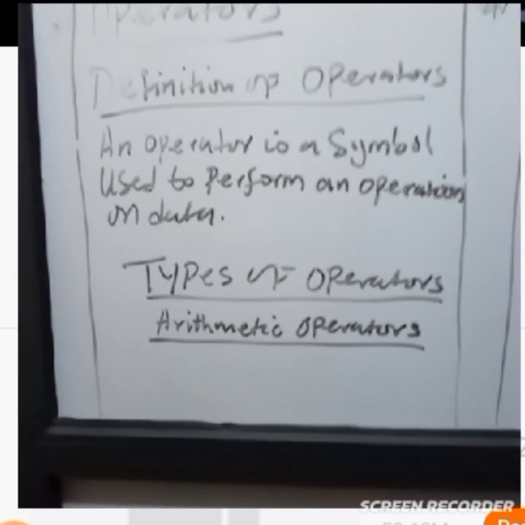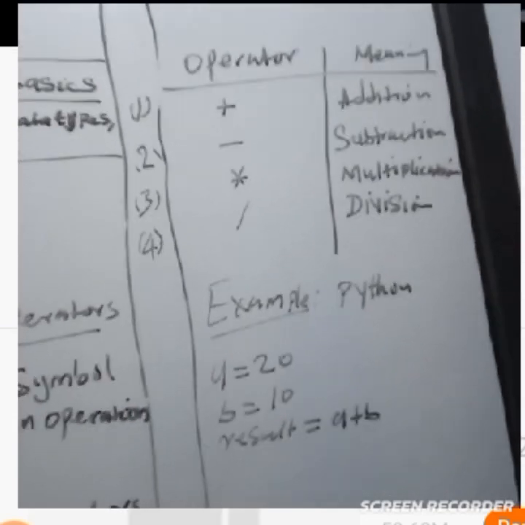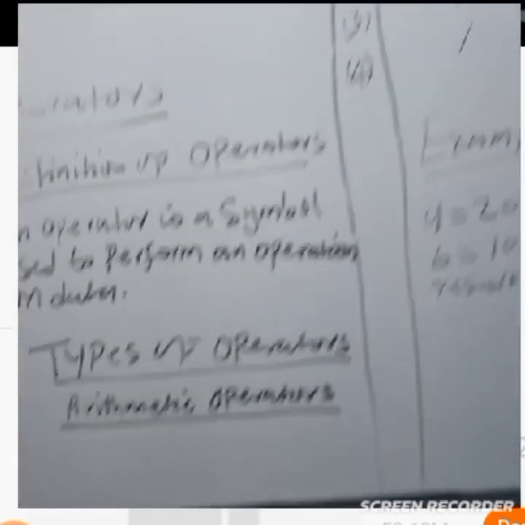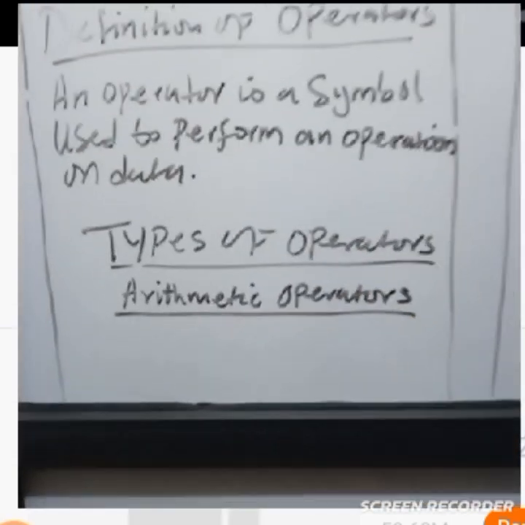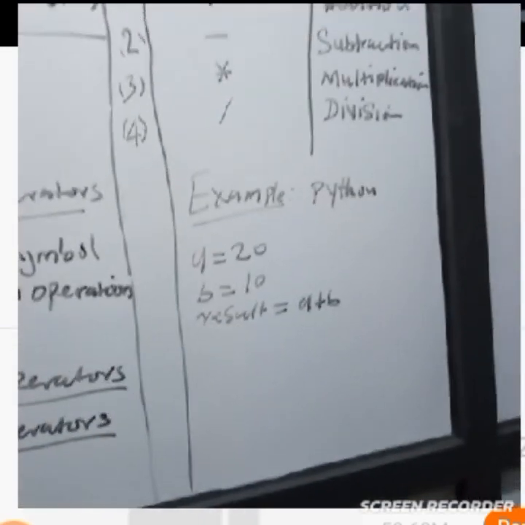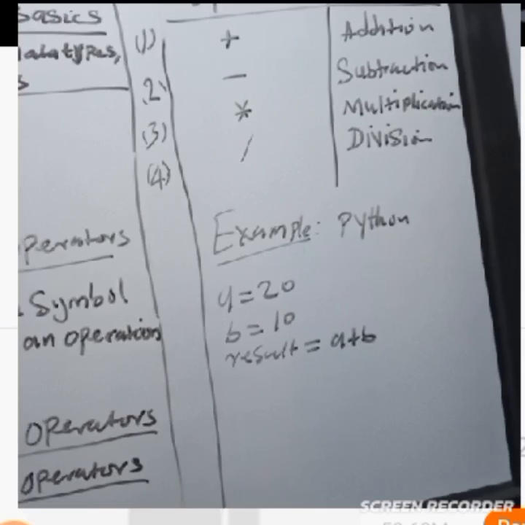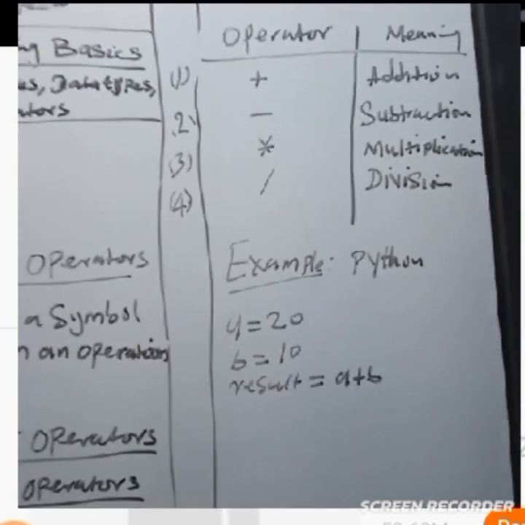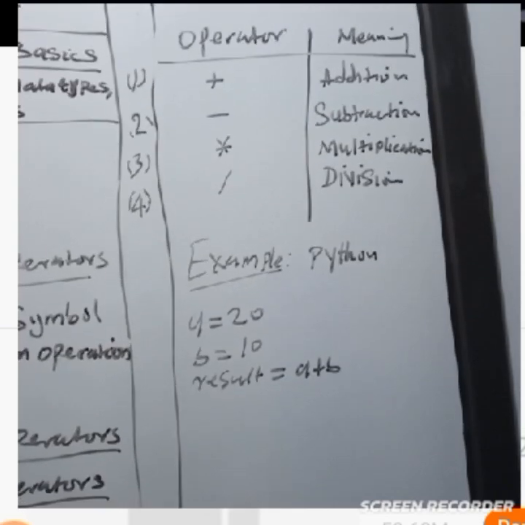And then let's look at the types of operators. We have arithmetic operators. You can see the operators and their meanings. Number one, plus, which means addition.